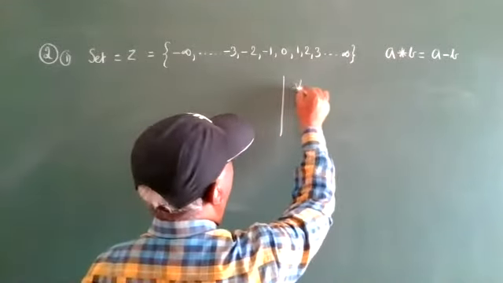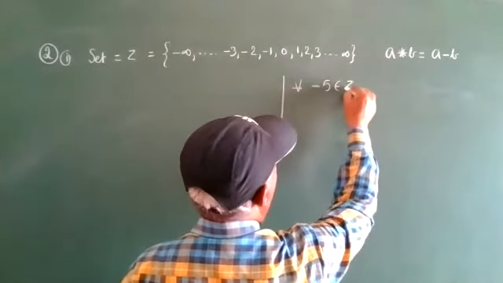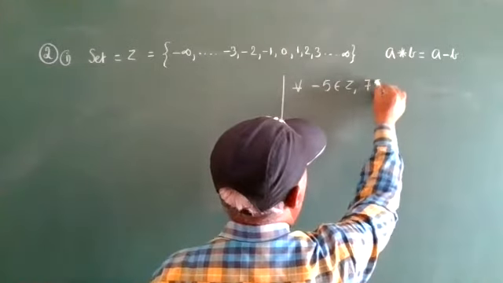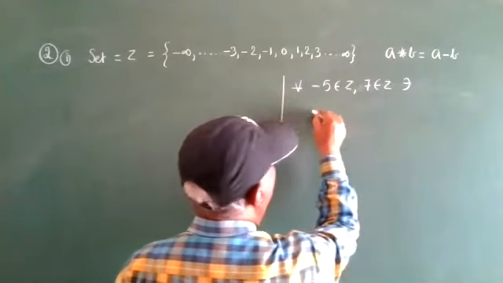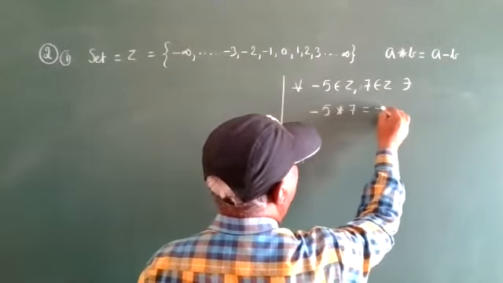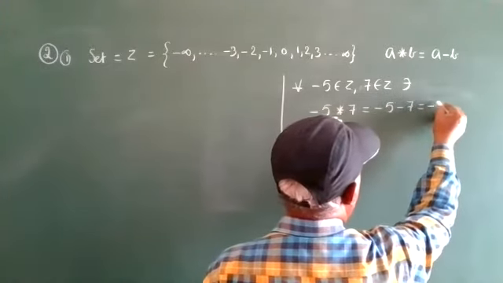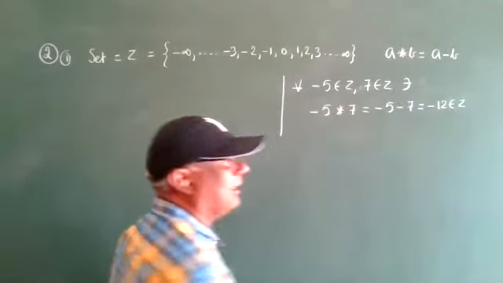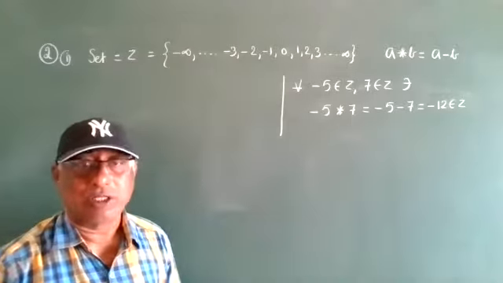So for all, minus 5 belongs to Z, 7 belongs to Z, such that minus 5 star 7: first element minus second element, total is minus 12, belonging to the Z only. Therefore, true. So the negative value also belongs to Z only.